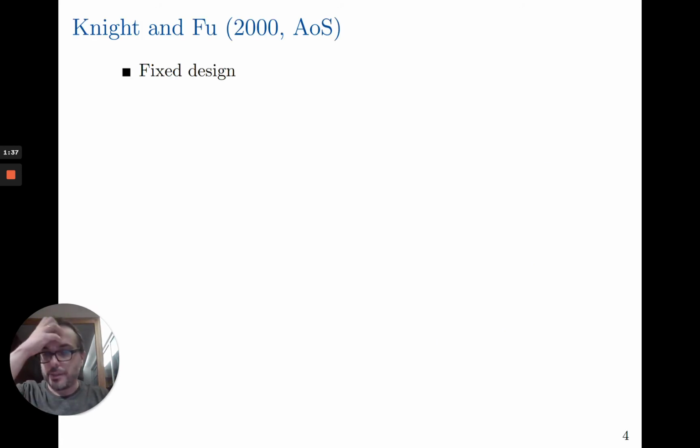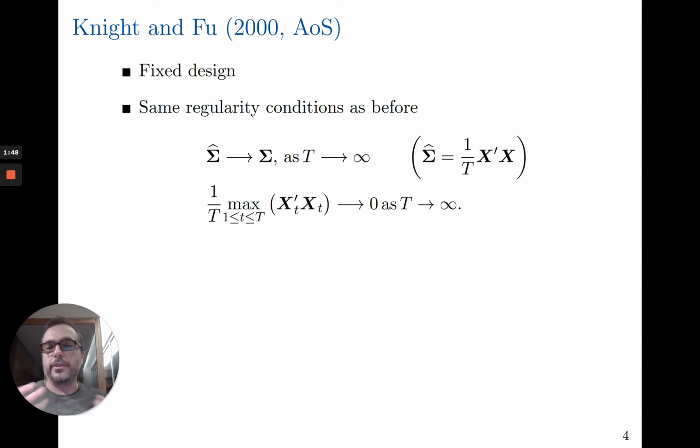So what we have here, what are the assumptions? We have fixed design. So we are assuming that X, the vector X is repeated, is fixed in repeated samples. Okay? And we are assuming the same regularity conditions as before. The sample covariance matrix converges to sigma, where sigma hat is 1 over T X prime X, and 1 over T the maximum in t of xt prime x goes to 0 as T goes to infinity.